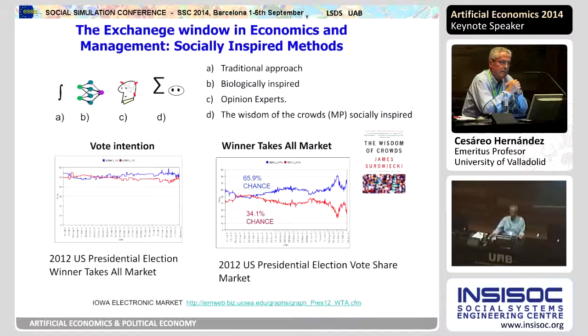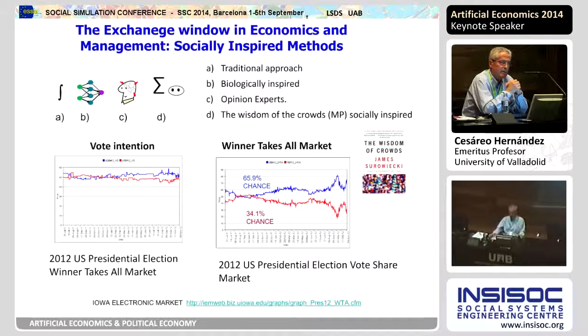This is the vote intention. You can see they were very balanced. But we're talking about intention, which is wishful thinking, what I would like to be the winner. But when you bet on who is going to be the winner, here is the difference. You could see that on Friday, the final outcome forecast was absolutely perfect.